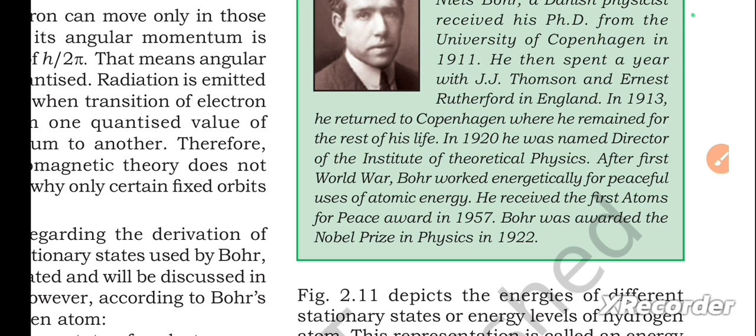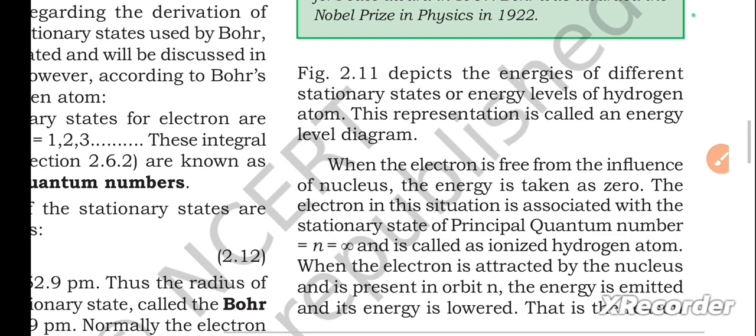In 1913, he returned to Copenhagen, where he remained for the rest of his life. In 1920, he was named director of the Institute of Theoretical Physics. After the First World War, Bohr worked energetically for peaceful uses of atomic energy. He received the first Atoms for Peace award in 1957. Bohr was awarded the Nobel Prize in Physics in 1922.